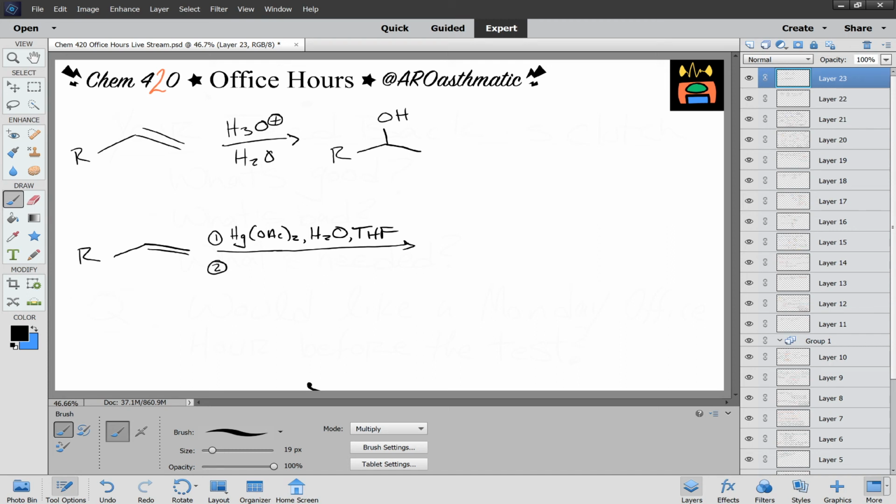And then second, the demercuration, sodium borohydride and sodium hydroxide. All right, and this will give you the secondary alcohol, same product. And so Irving's excellent question is, same product, different conditions. Why would you use one over the other?